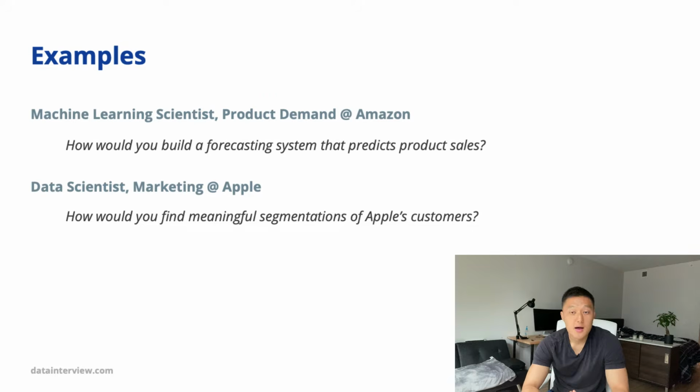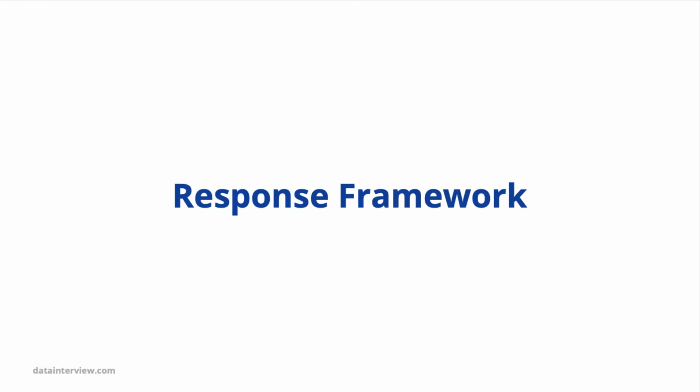A segmentation problem for the marketing team makes sense because data scientists in marketing do A/B testing, product sense, and clustering as ways to understand their users. As I mentioned before, the company, the team, and the role highly define the type of case problems you're going to be asked.